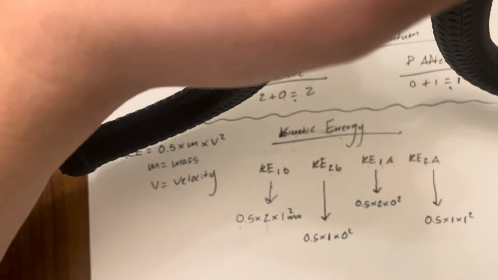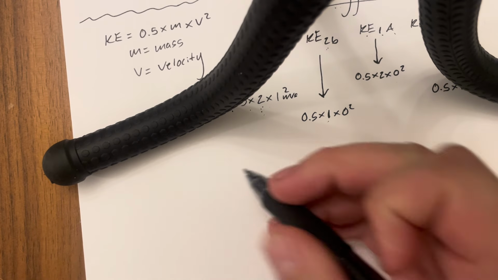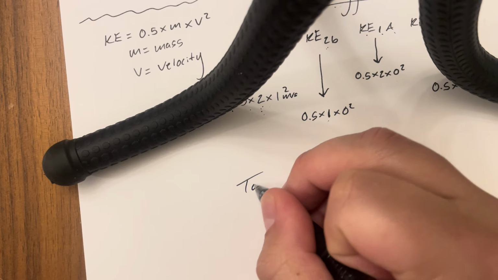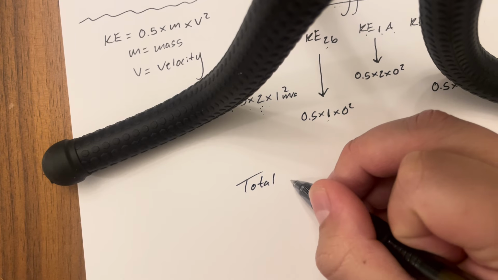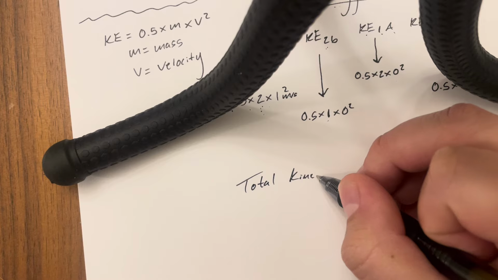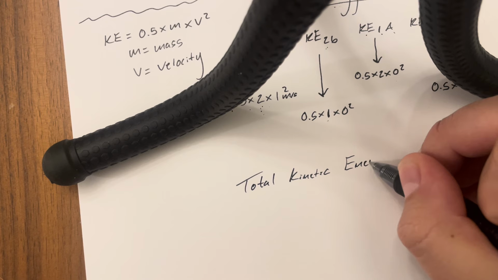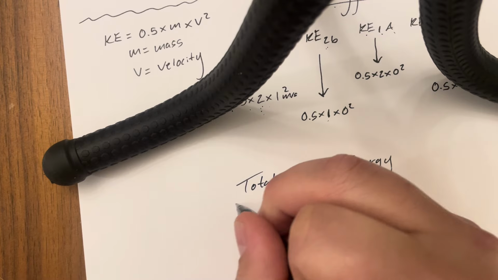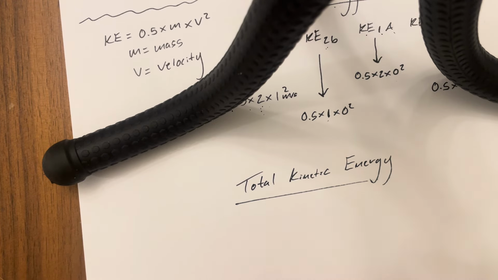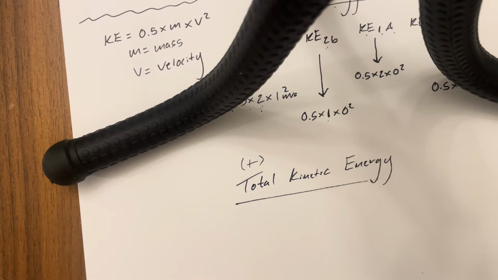Okay? So the last thing you're going to have to solve for is your total kinetic energy. Now, just like for total momentum, when we see the word total, we should think add. I'm going to add.